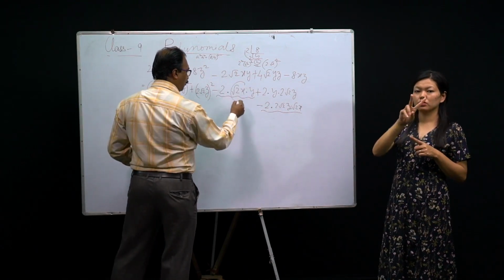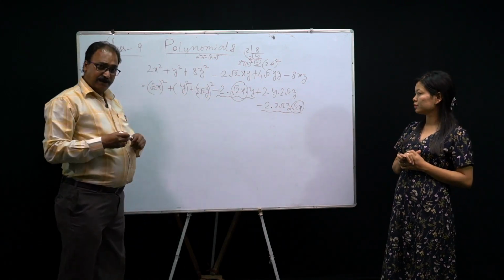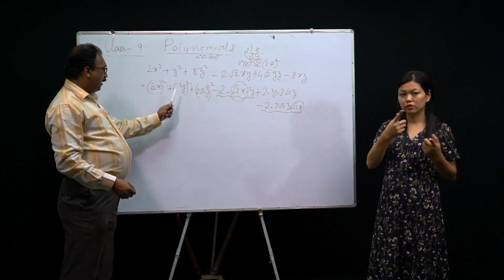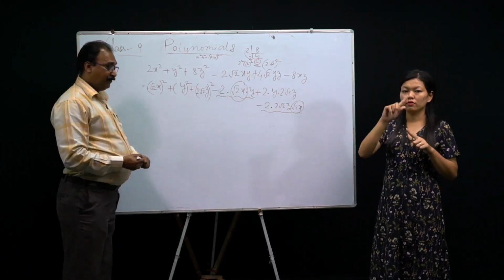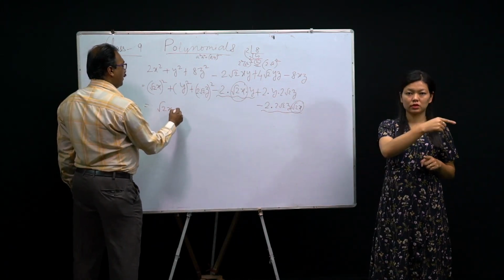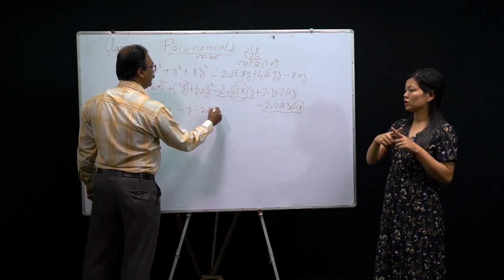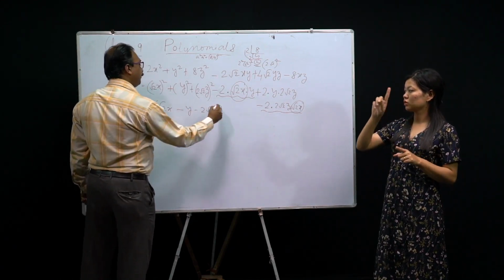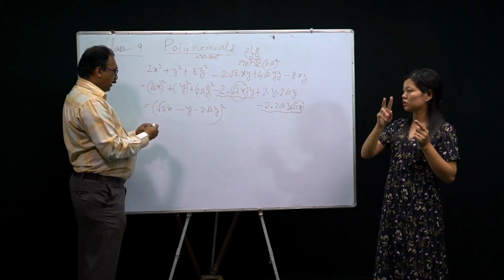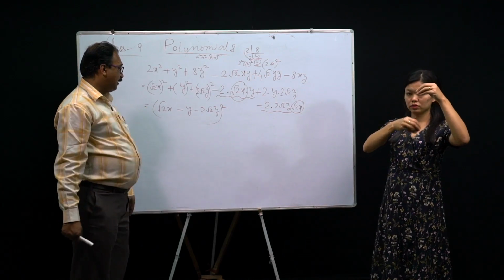So root 2x is positive, and if root 2x is positive, the other two are negative. So what do I write here? Root 2x minus y minus 2 root 2 z, whole square. And this is factorized. If you want to write 2 times, you can write it after that, as I told you last time. So this is the answer.